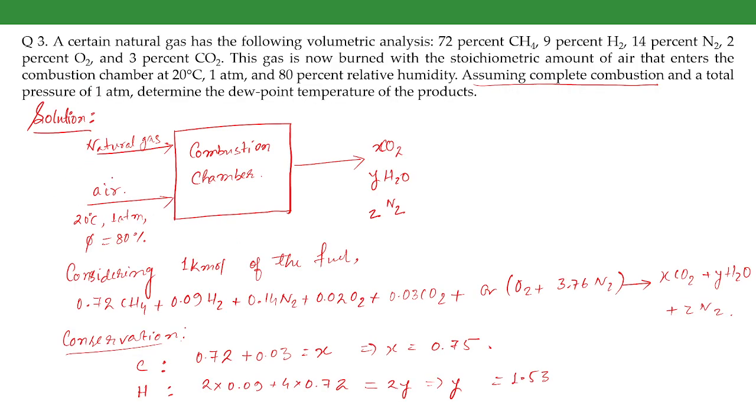We have written that only air with oxygen and nitrogen is coming, but actually there is 80% relative humidity. That is, there will also be some amount of water vapor present in the air. So we have not considered that; we have considered the reaction with the dry air. Now we will modify the equation to include the moisture as well.